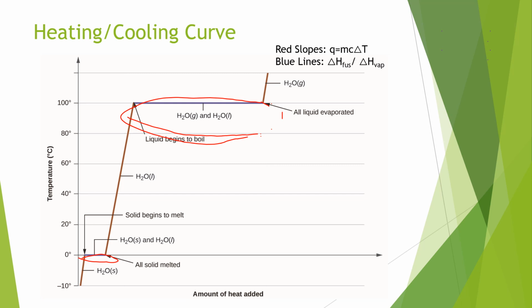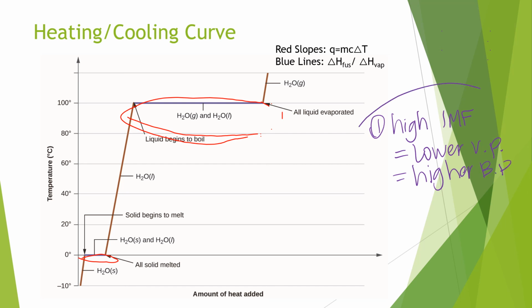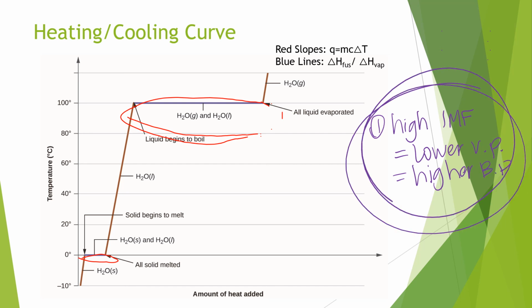So I really just want to reiterate our big takeaway with intermolecular forces and phase changes is that high or strong intermolecular force equals lower vapor pressure, which gives us a higher boiling point. All right, so that's a big memorization.